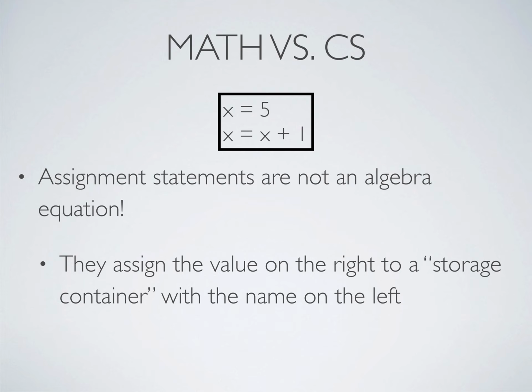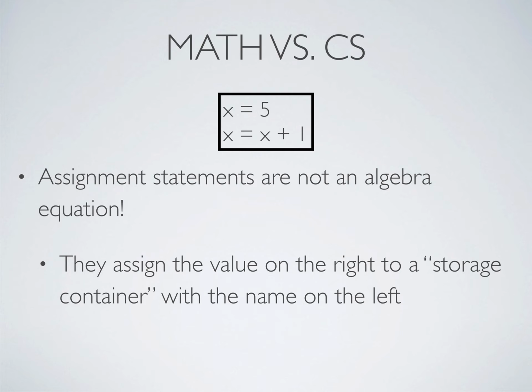So again, that's another difference between math and computer science with these equations versus assignment statements. If we're treating them like equations in math, this doesn't make sense. If we are treating them like assignment statements in computer science, this is totally legal and valid to do.